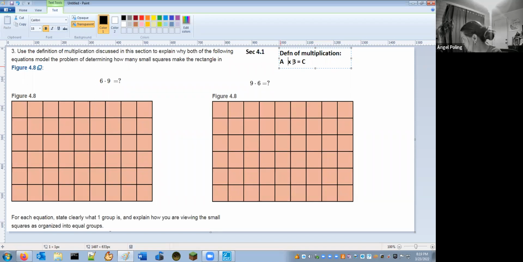So, myself a little space where A is the number of groups, B is the number of items per group, and then C is the total number of items.